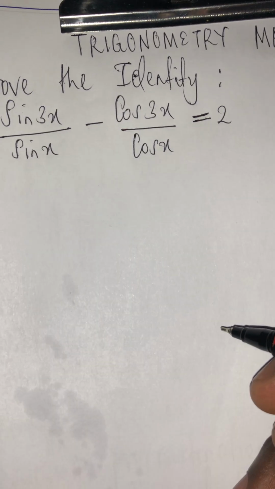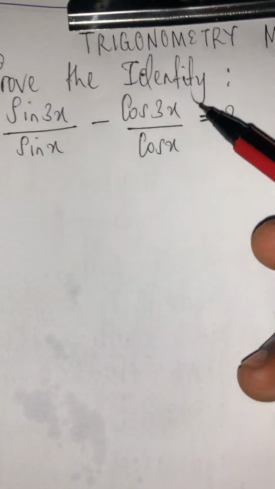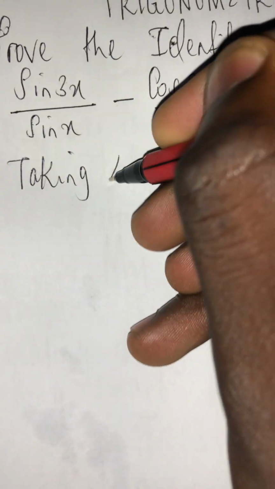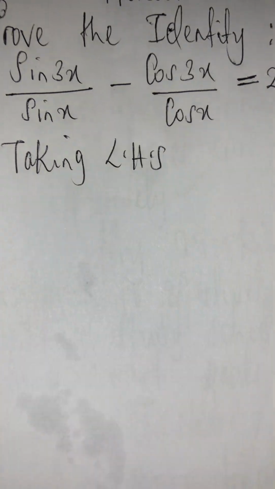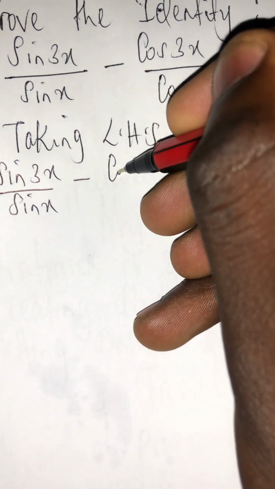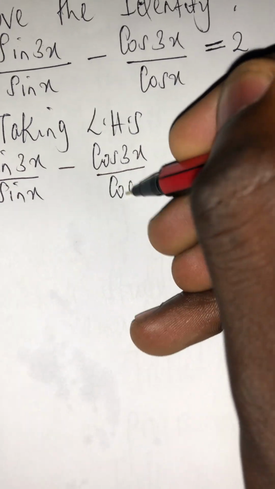I'm going to use the left hand side, saying that this is the one which is complicated. So taking the left hand side, which is sin 3x over sin x minus cos 3x over cos x.